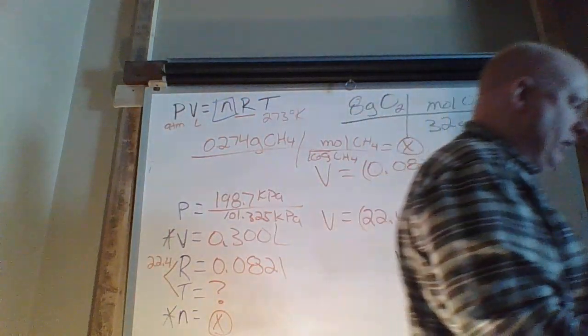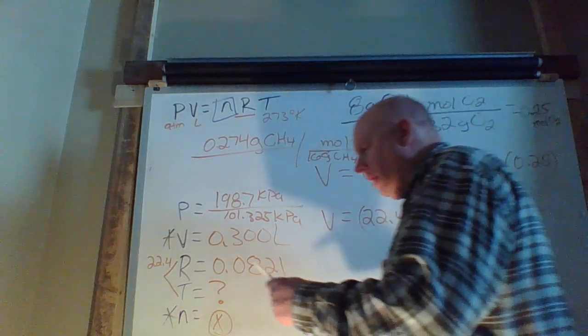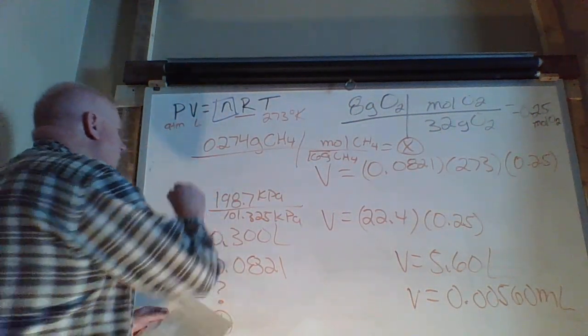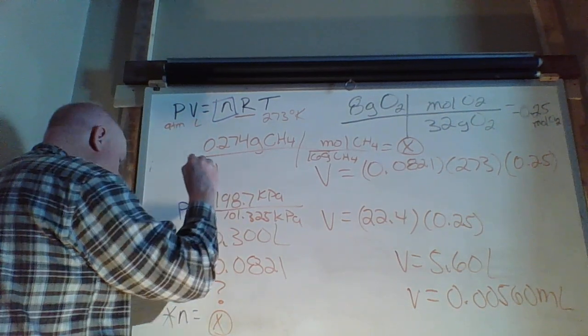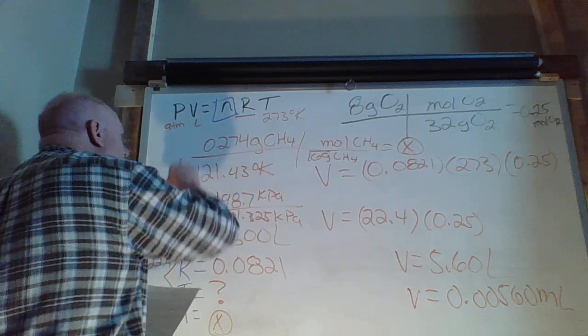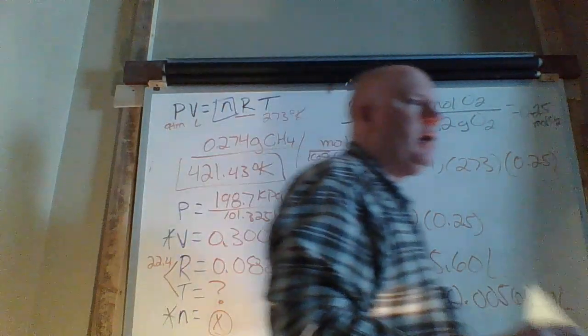Okay, so maybe some of you are working just a little bit ahead, so I thought maybe that you would find that helpful. So what you would find out is the answer for number 1 on your second paper is 421.43 degrees Kelvin.